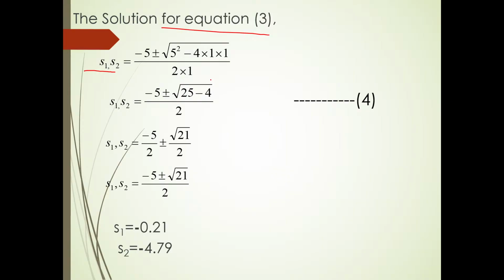I hope whoever is attending this session has the basic knowledge of determining the roots of a quadratic equation. Just simplify it, you will get s1, s2 equal to minus 5 plus or minus root of 25 minus 4 by 2. Consider this as equation number 4.